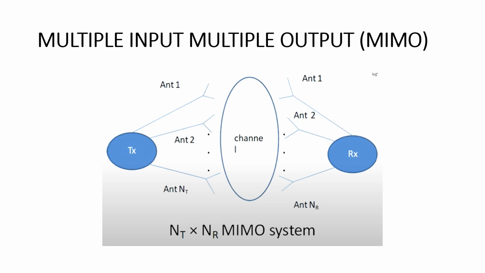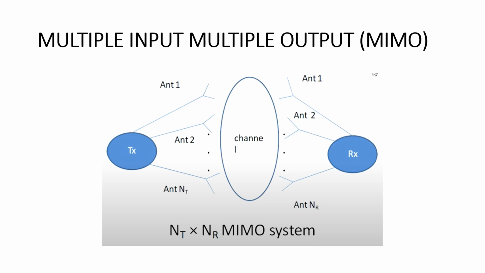So NR represents the total number of receiver antennas. Whatever signals are captured by the NR antennas take multipath directions to propagate, and are captured by the receiver.